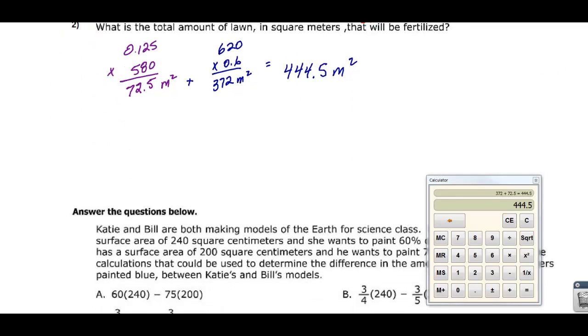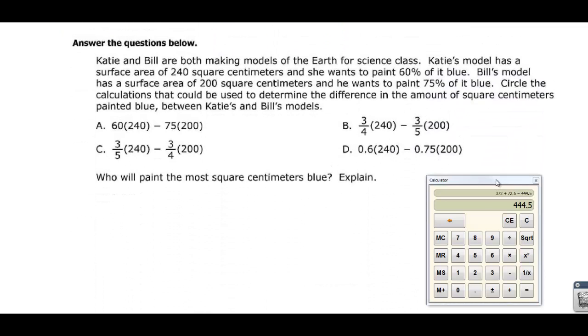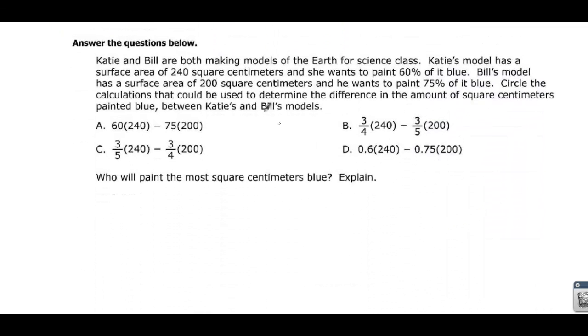Okay, let's go down to the second of these problems. Get rid of the calculator for a minute while we do our work here. So again, Katie's model has a surface of 240 square centimeters, and she wants to paint 60% blue. Well, that's nice. We saw 60% in the last problem also. So we know as a decimal, it's 0.6.